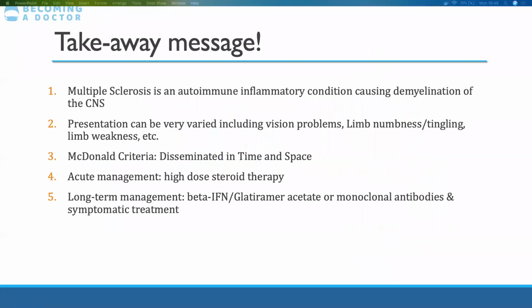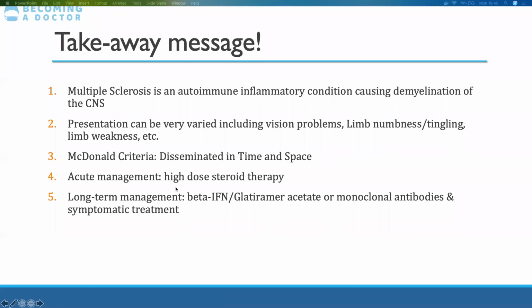Okay, so basically MS is an autoimmune inflammatory condition which causes demyelination of the CNS. The presentation can be really varied, anything from vision problems, limb numbness or tingling, to limb weakness. The McDonald criteria mainly revolves around the fact that it has to be disseminated in time and space.